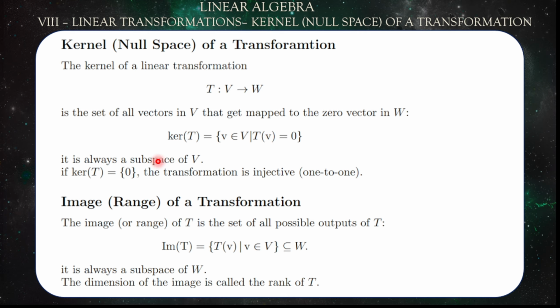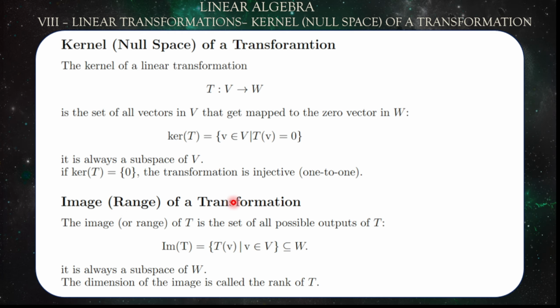It is always a subspace of V. If ker T is 0, the transformation is injective, which means it is one-to-one mapping.